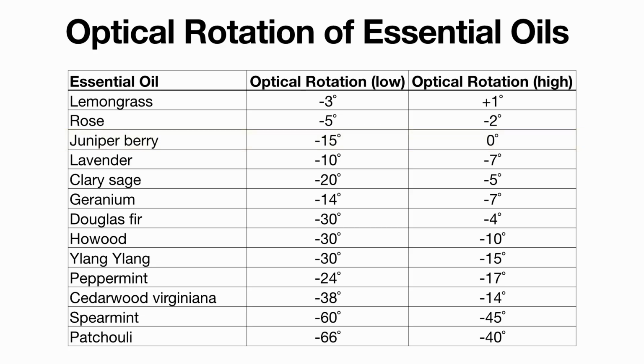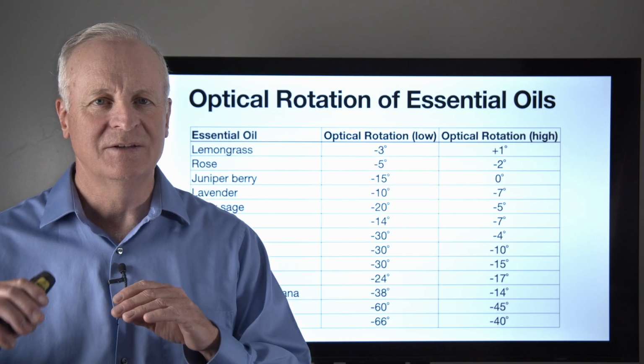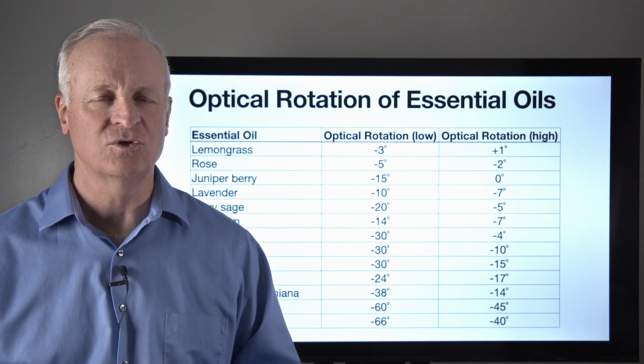We also have peppermint, -24 degrees to -17 degrees. And down at the bottom, we have patchouli essential oil from -66 degrees all the way to -40 degrees. You can see that the polarimeter can help us determine the optical rotation and differentiate between essential oils.